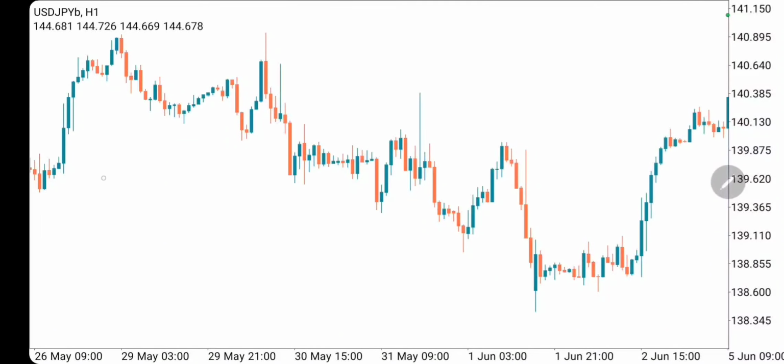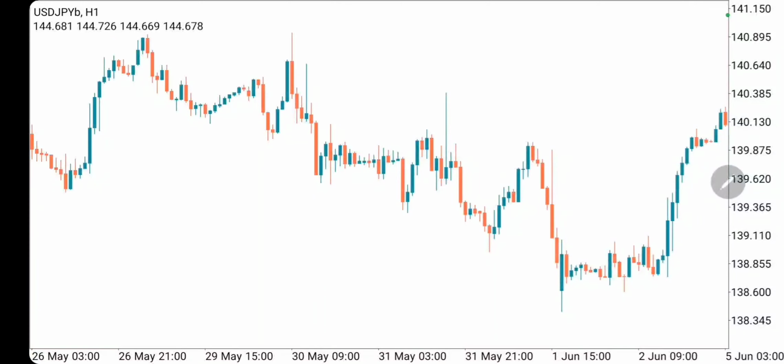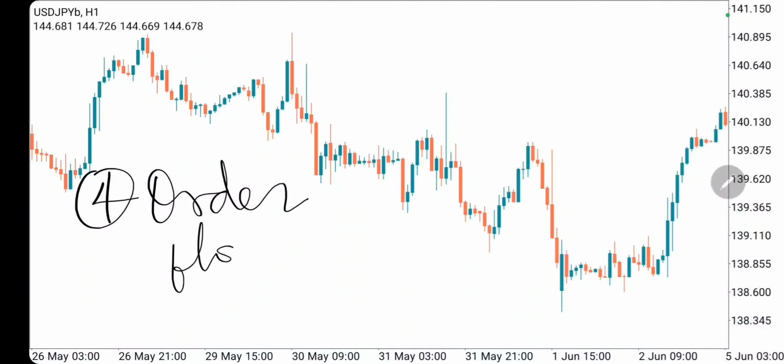So the fourth smart money concept we need to be aware of is the concept of order flow. Essentially, order flow is the same as market structure. When you hear of order flow, it's just the same as market structure.